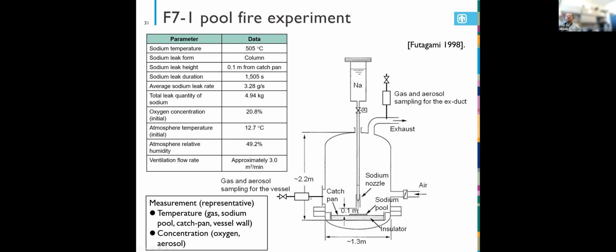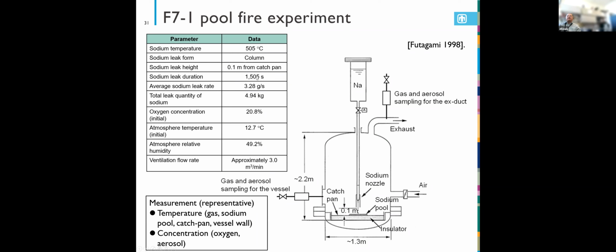And for the measurements, besides thermocouples and temperature, you have aerosol sampling and gas sampling through the locations of the vessel and the exhaust ducting. And then here's the temperature. The sodium temperature is about 500, equivalent to the spray fire. The video that I showed you is a column, and then the drop height is shown here.